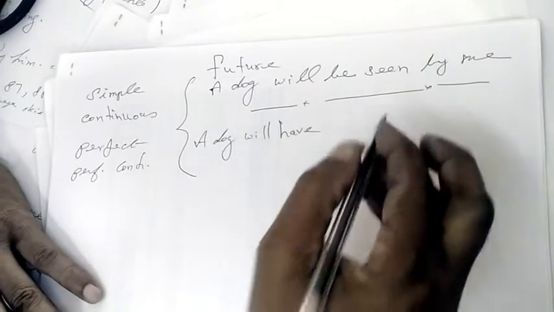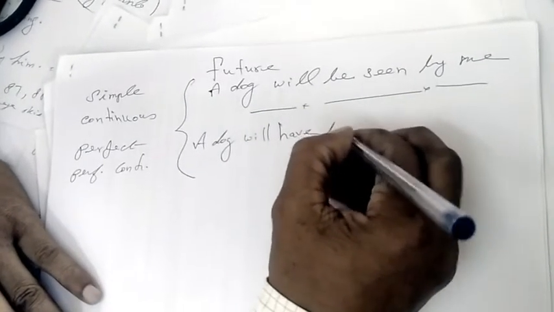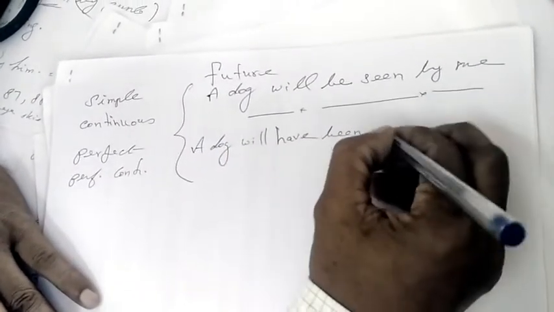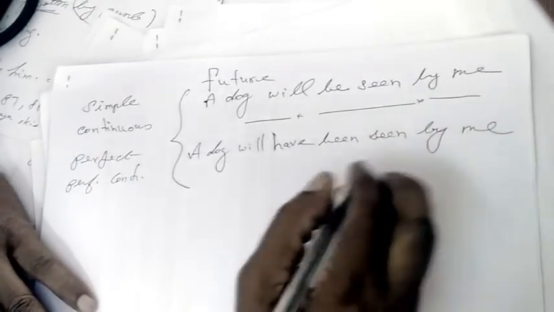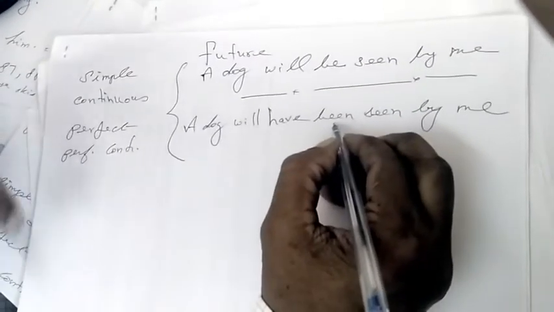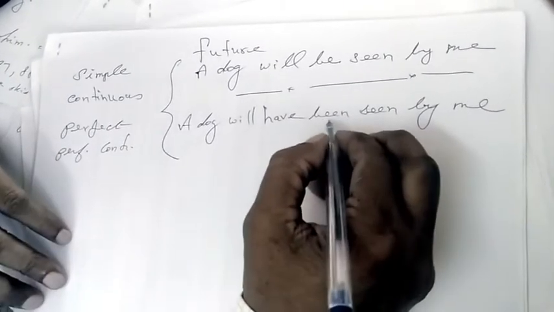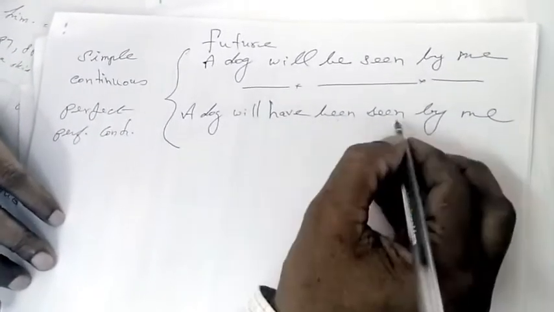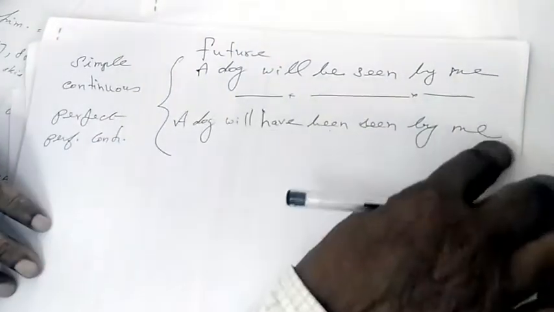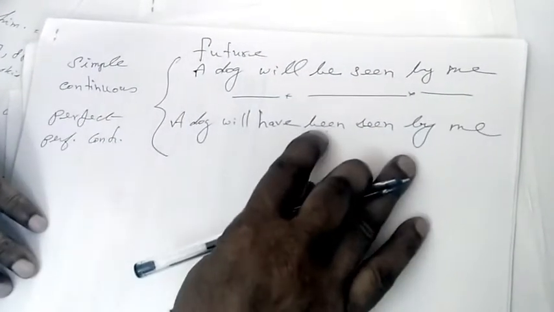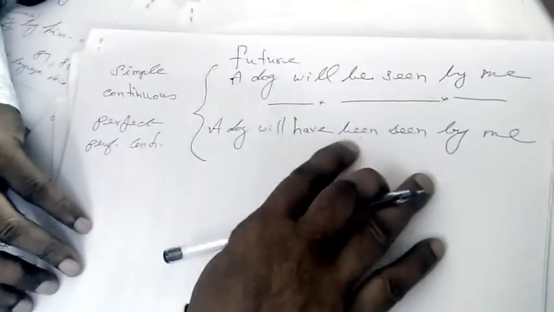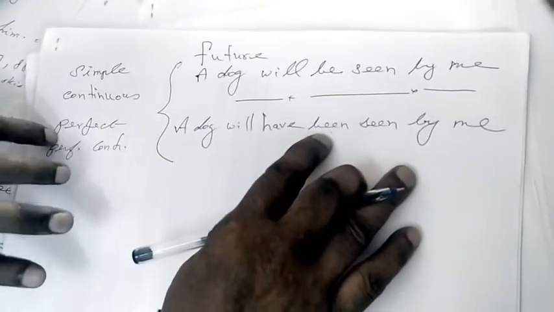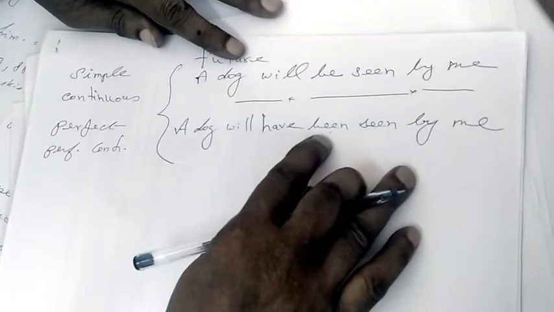A dog will have, and of course, been seen by me. This been serves a double role. It serves as a be group, so that be group and past participle make it a passive construction. It is also a past participle of the be group, therefore the have group with the past participle makes it a perfect tense.